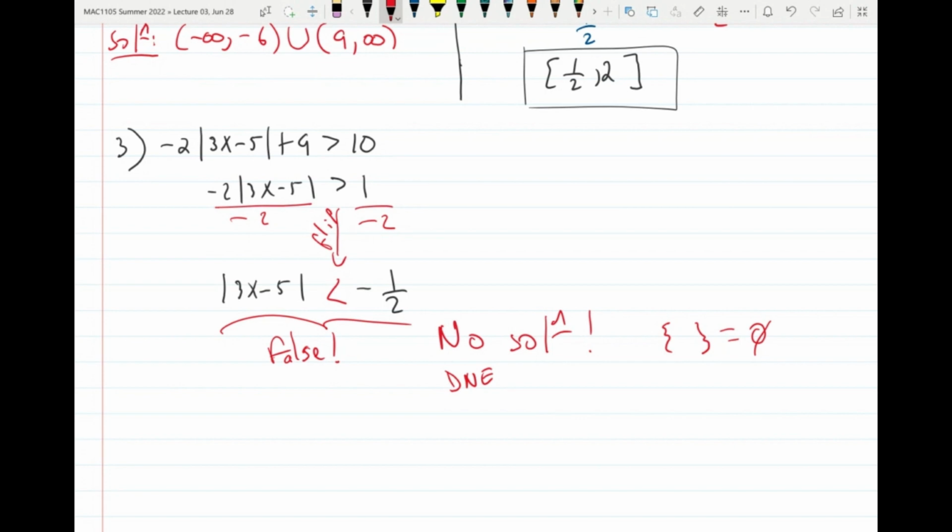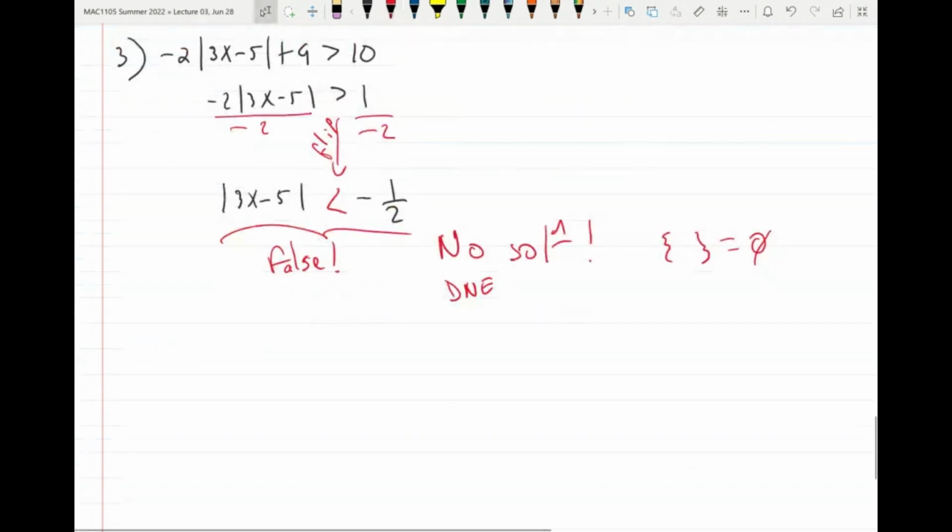I mean, I think that's if this would have been a positive 2. Wait. If this would have been positive 2, yes. Okay, let me just do one more. So let's make it a positive 2.